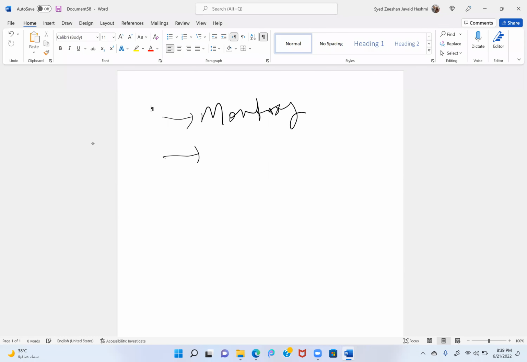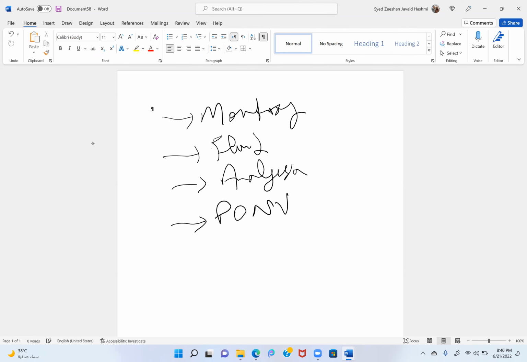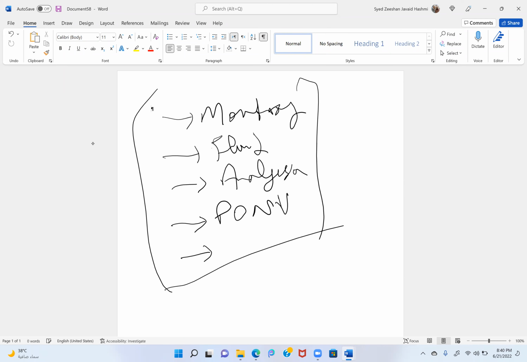Whatever scenario they have given, you should think about these things: monitoring, then fluid, then analgesia. Then a problem related to recovery is PONV, and you have a post-op analgesia plan.